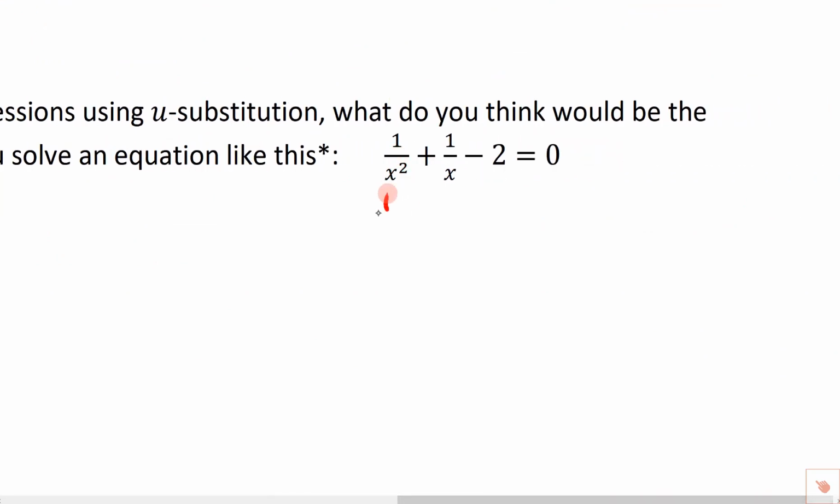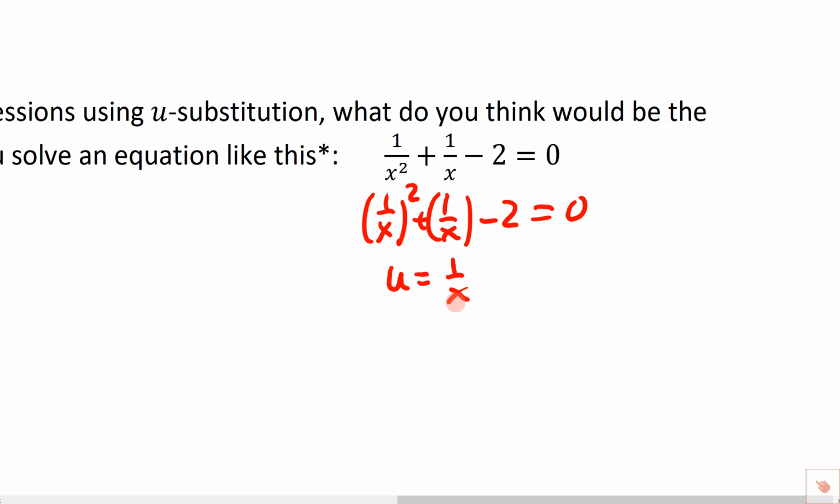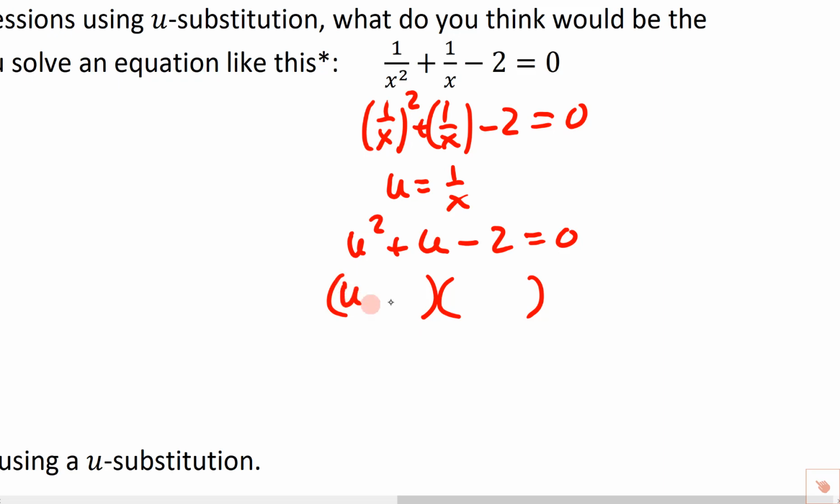So this is 1 over x quantity squared plus 1 over x, and I'm going to put that in parentheses, minus 2, and that equals 0. So like we did up above, we're going to say u is equal to 1 over x, and then this is u squared plus u minus 2. We're going to factor this, again, just like we did up above. So when we factor that, we end up with u plus 2 and u minus 1 equals 0.